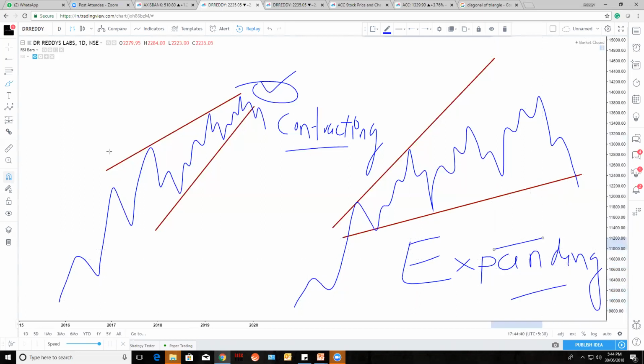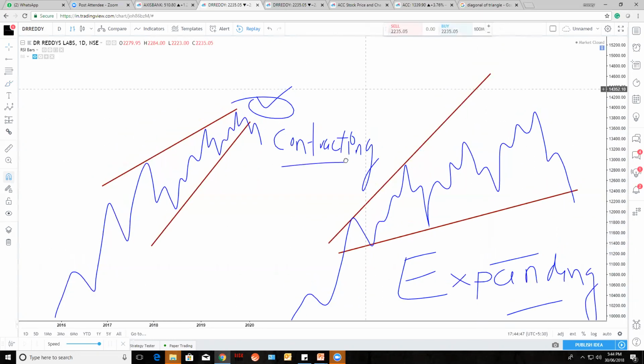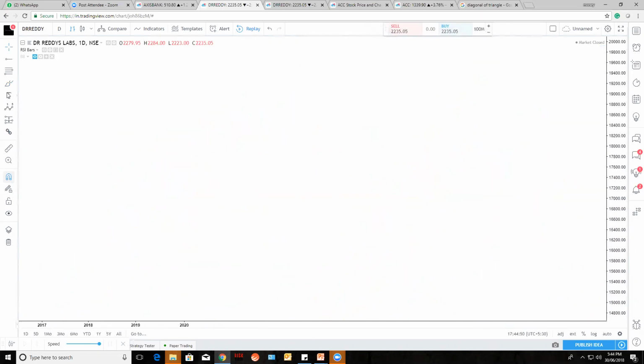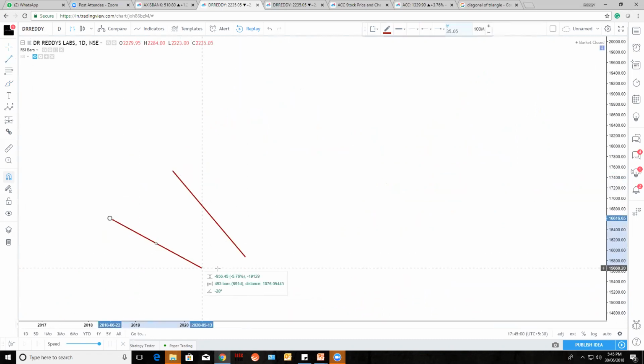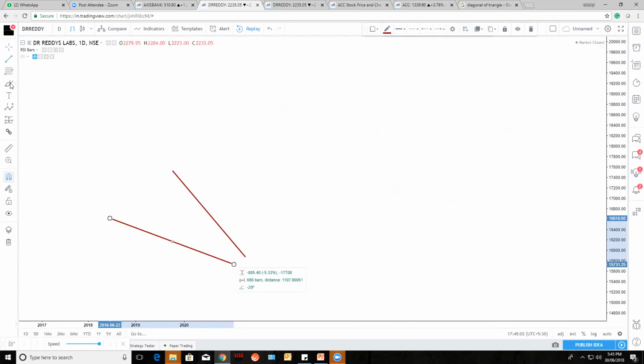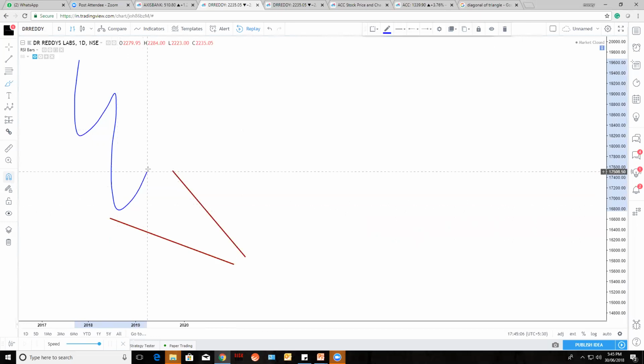Okay. So this is a contracting type of diagonal, and this is an expanding type of diagonal. It may come in the downside also. Let's say, after 1, 2, 3, 4, it will come like 5.